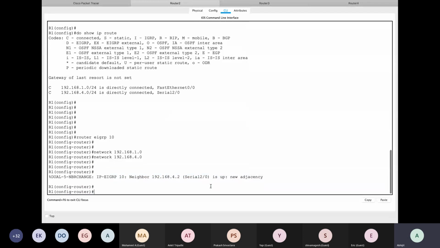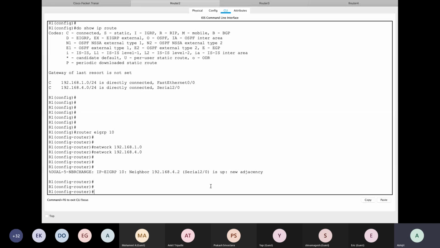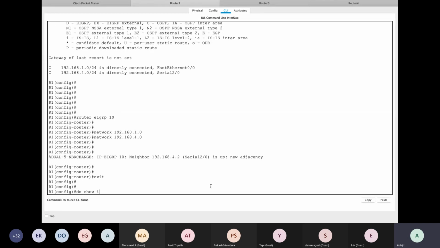Yeah, it is correct. Now, as I told you, there are 3 tables, right? You can check your neighbor information by running do show ip eigrp neighbor.